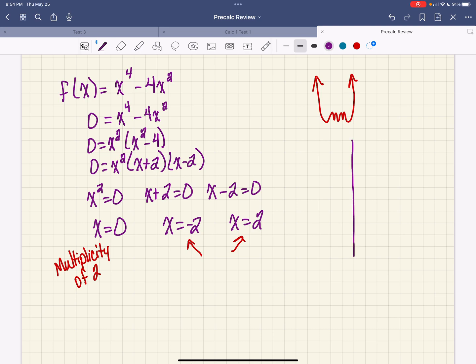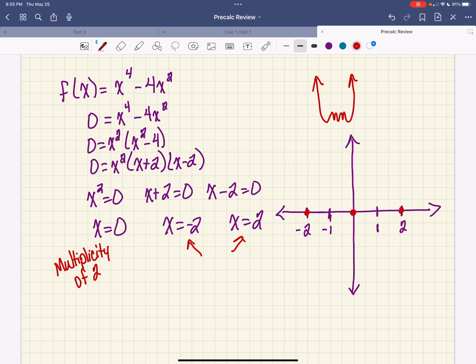So let me draw our graph right here. Okay, and I'm going to do 1 right here. I'm going to make it a little bit more just so we can see. Okay, so that right there is going to be negative 1, and this is going to be negative 2. This is going to be positive 1, and this is going to be positive 2. Okay, now we have a 0 at negative 2, at 0, and at positive 2.